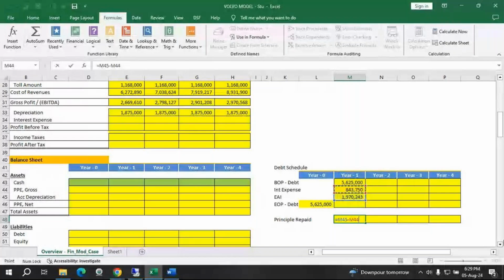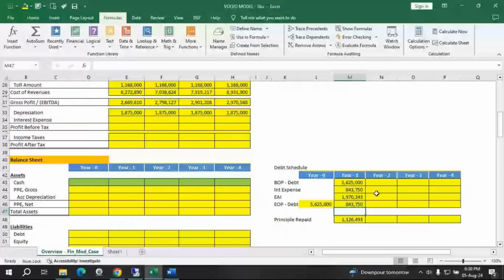Now the end of the period will be equals EAI minus principal repaid. So principal repaid is 8 lakh 45,000. I have repaid it. So what will happen? The previous year value will become the beginning of the loan.